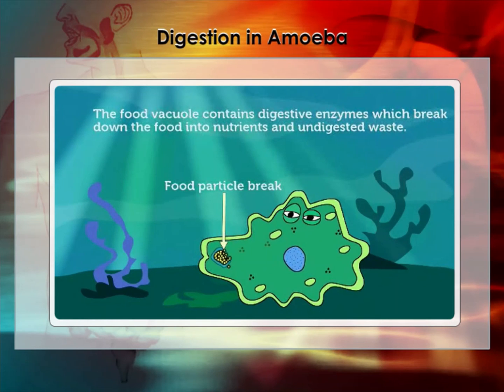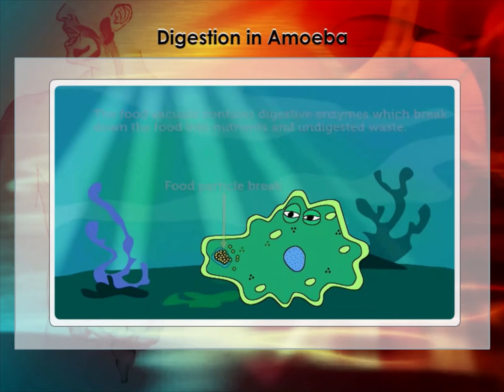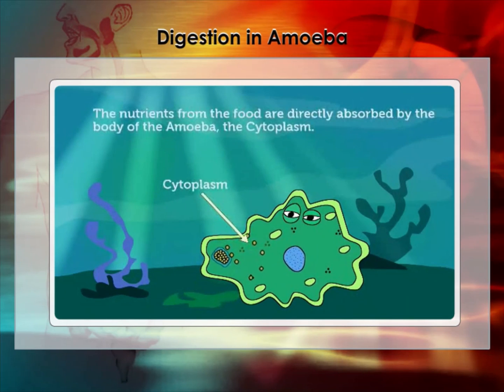The food vacuole contains digestive enzymes which break down the food into nutrients and undigested waste. The nutrients from the food are directly absorbed by the body of the amoeba, the cytoplasm.